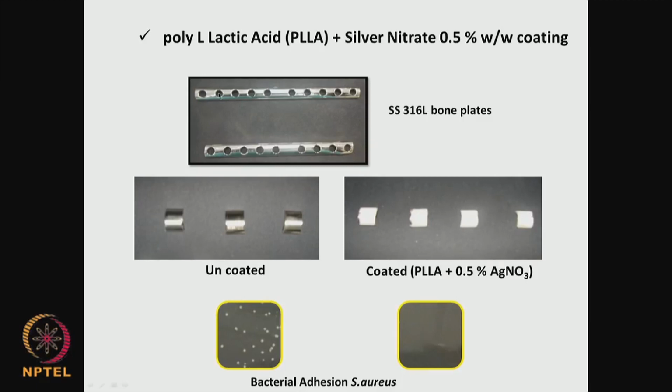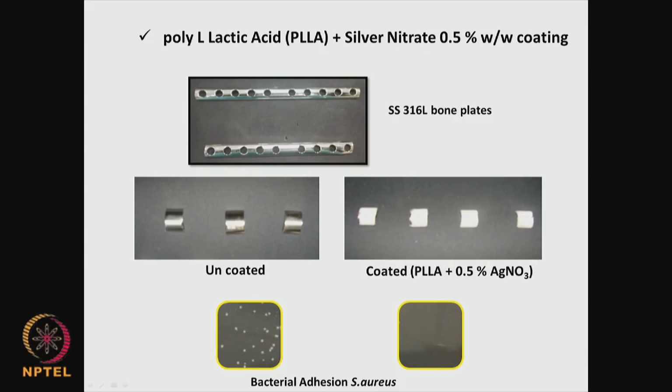Okay, so these are grooves. So, attachment of bacteria, infection, biofilm formation is a very serious issue here. So, we looked at using poly L lactic acid mixed with silver nitrate, and we coated on top of it. Silver nitrate will be the antibacterial, this will be slowly degrading, this will be the carrier for that. So, we could have antibacterial surface.